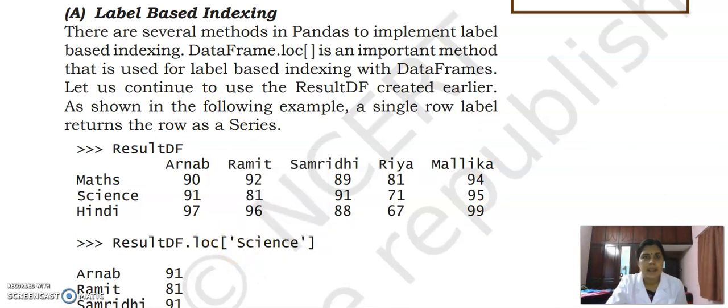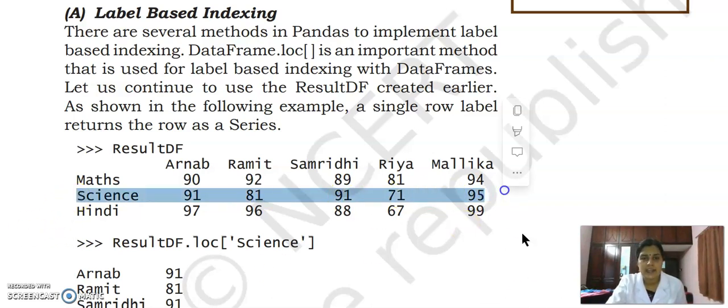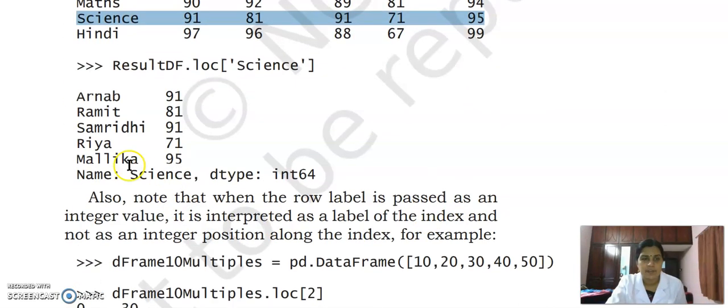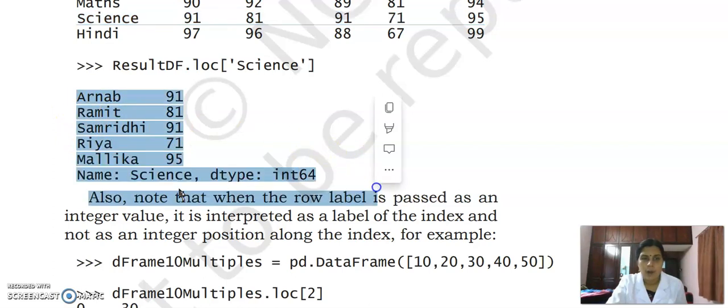After that there will be a square bracket, like in an array and list, where we use square brackets to access an element. In this bracket, we are giving science because we want to access the values of science. Then what will be the result? Arnab 91, Ramit 81, Samruddhi 91, Riya 71, Mallika 95. So this will be our output.